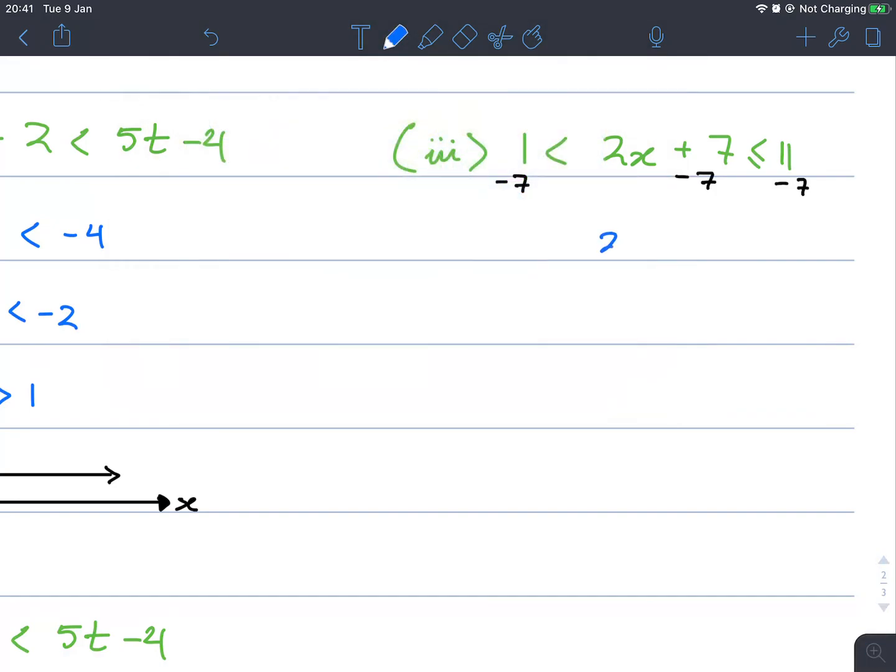So it becomes 2x in the center less than or equal to 11 take away 7 is 4, greater than 1 take away 7 is -6, and then dividing by 2 becomes x less than or equal to 2, greater than -3.